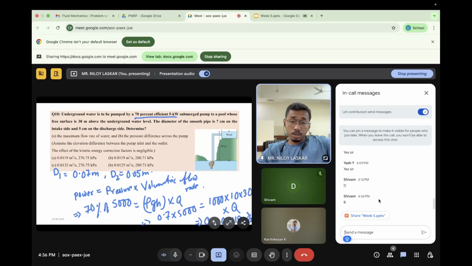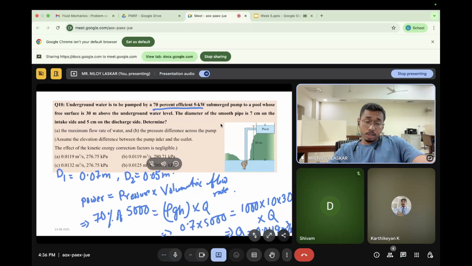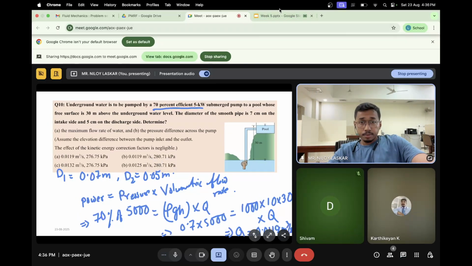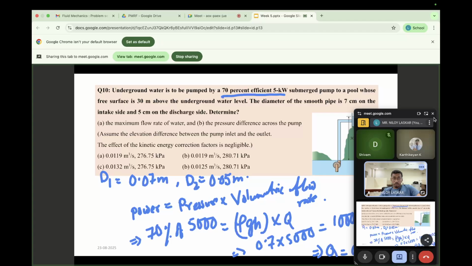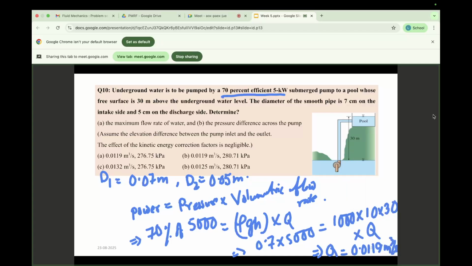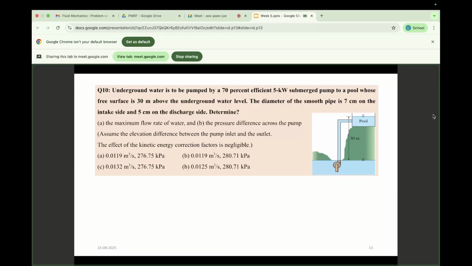So Shivam said this option B is the correct answer. So let me check. So I'm erasing this thing. Okay. So what I have got? I have got this Q means 0.0119, right?